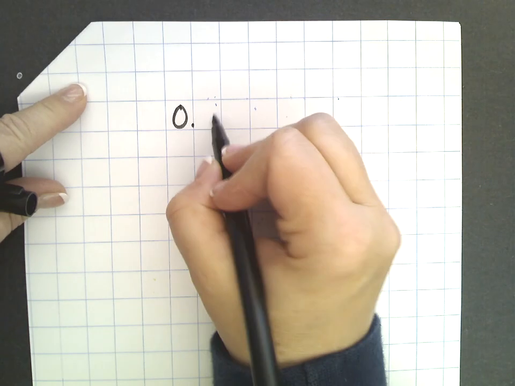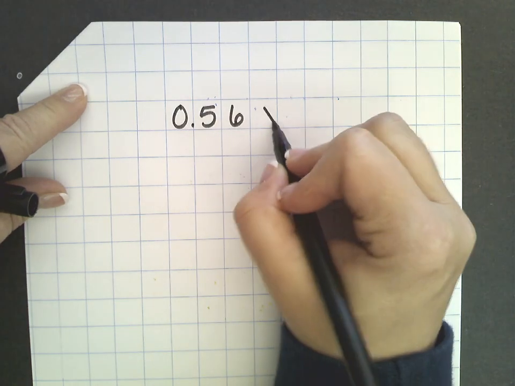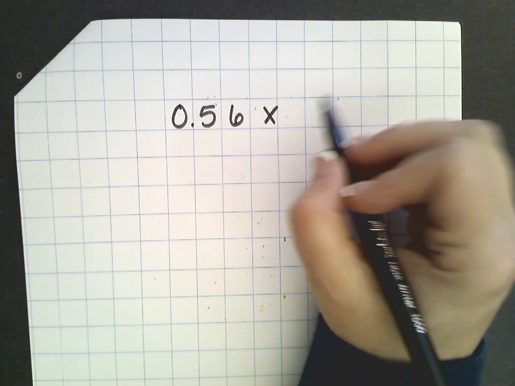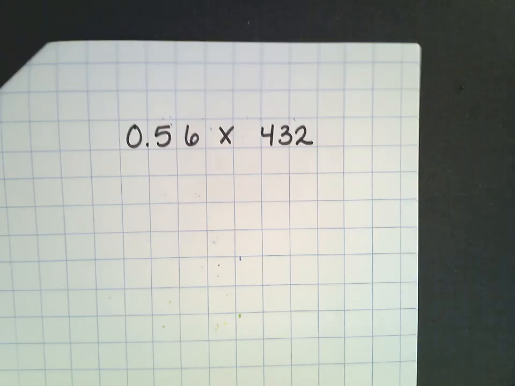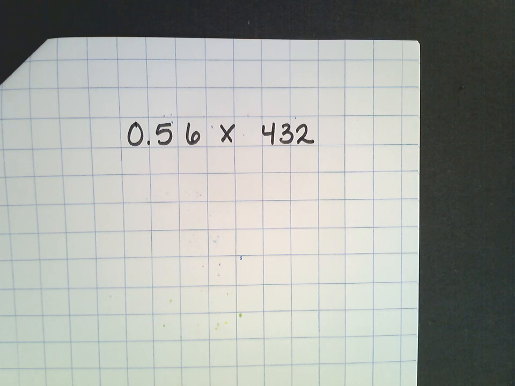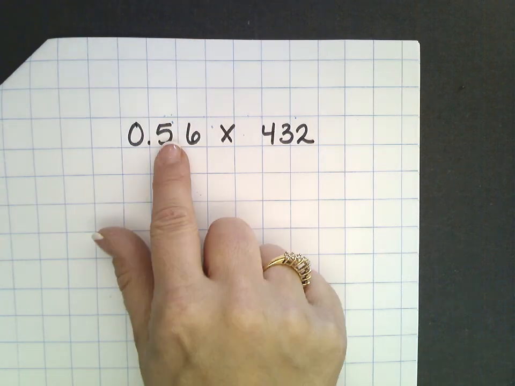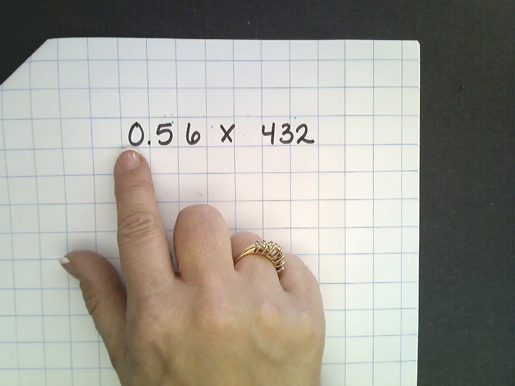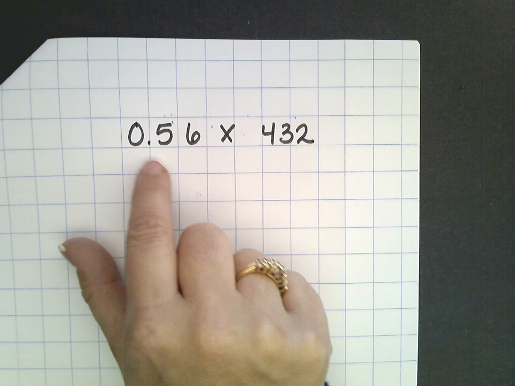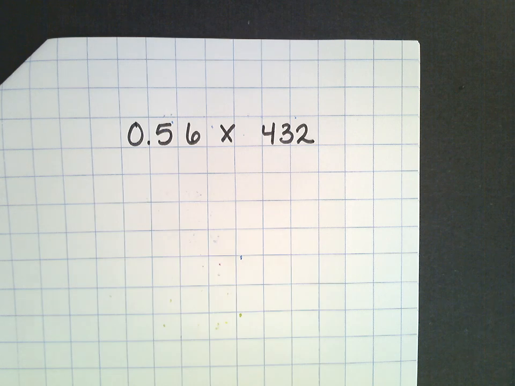So let's do 0 and 56 hundredths times 432. So we're going to do an estimate first. For this one, I could simply round this up to 1. But notice if I round it up to 1, I am rounding it up quite a bit.